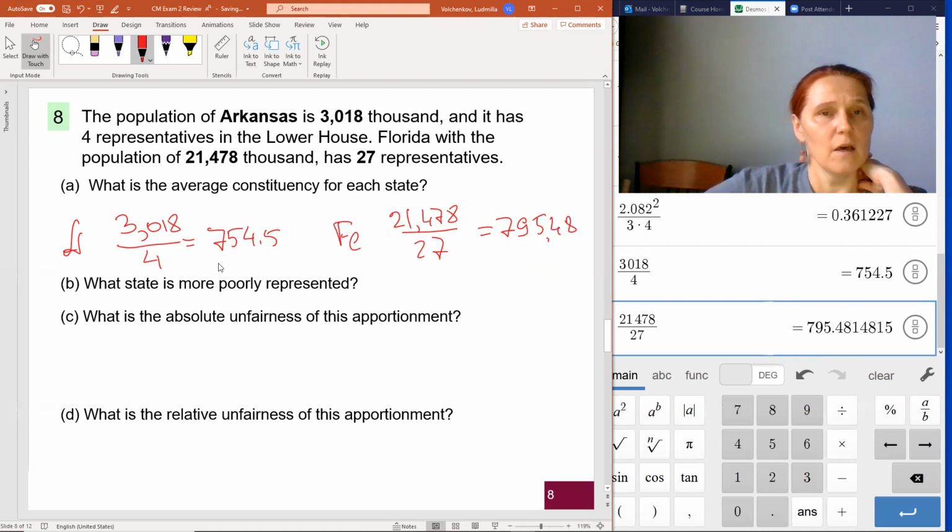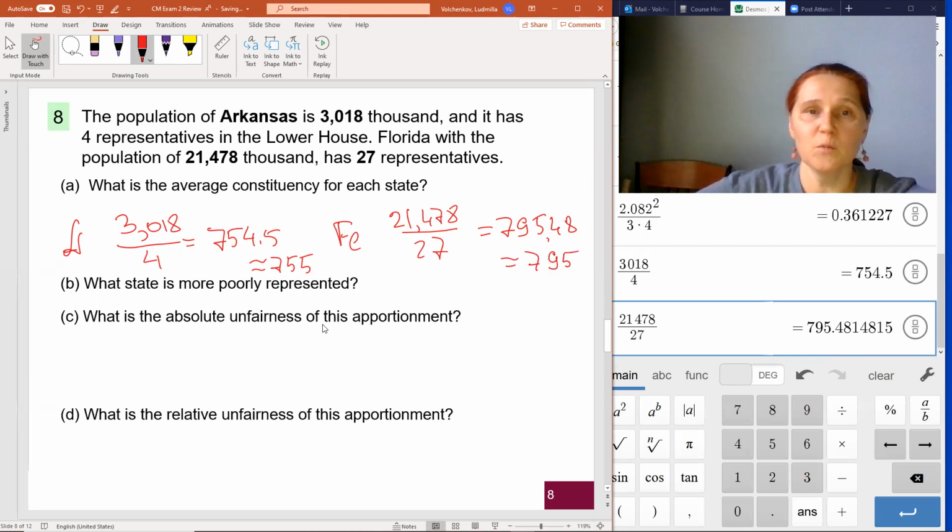So I think the problem will ask you to round to the whole number, which will be approximately 755 and 795. What state is more poorly represented?